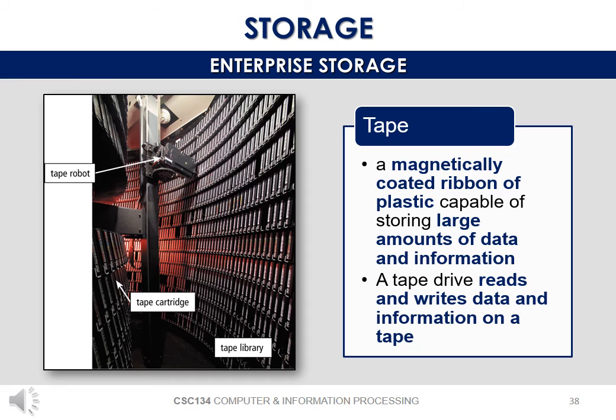Then we have tape. Tape is a magnetically coated ribbon of plastic capable of storing large amounts of data and information. A tape drive reads and writes data and information on a tape.